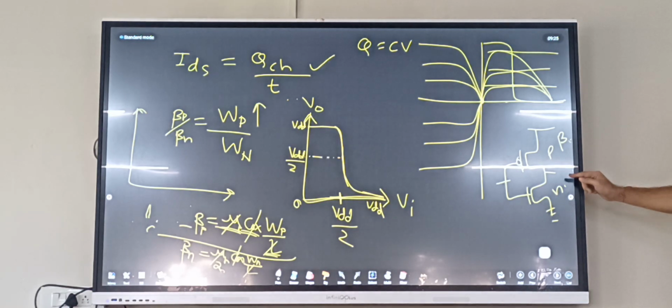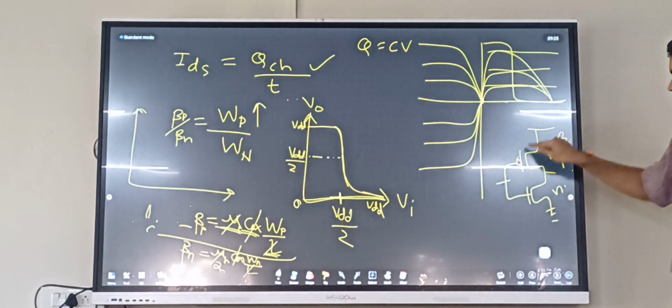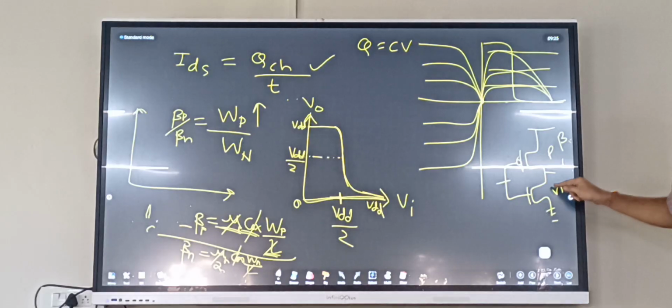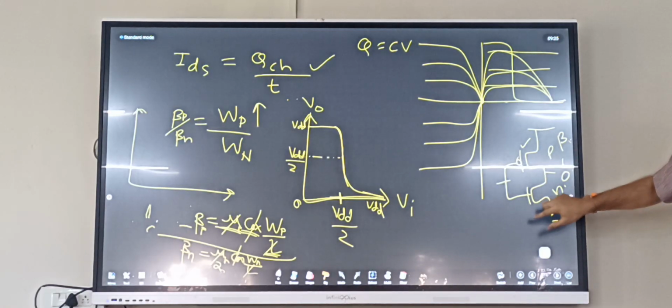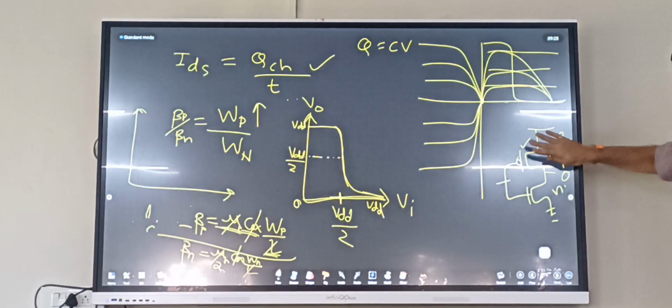It pulls up the output. It makes the output 1 when it is on, and this one makes it 0. Okay, so I said the concept is very simple. If I make PMOS strong compared to NMOS, when this is strong, it will try to hold the output towards 1.